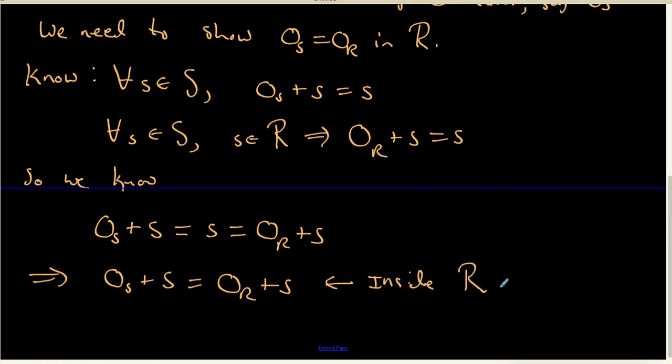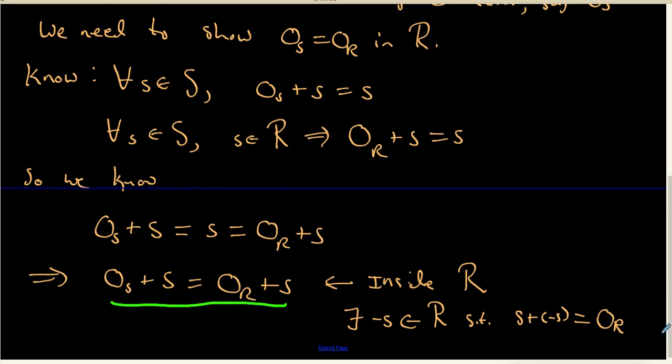And now what I also know, because R is a ring, is that there exists a minus s inside the ring R such that s plus minus s is equal to the 0 element in R. And so what I'm going to do is add minus s to both sides of this particular equation.